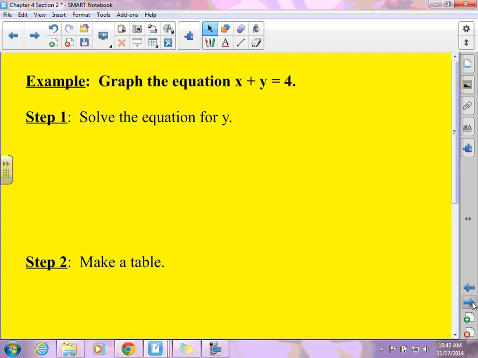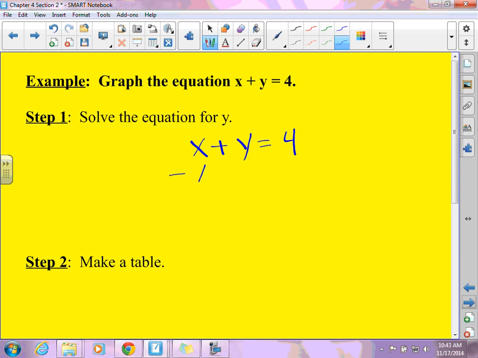All right. So when you get these problems, x plus y equals 4, I want to get y by itself. So what do I need to do? I'm going to subtract x. So I get y equals negative x plus 4.